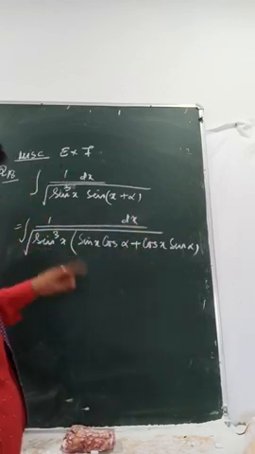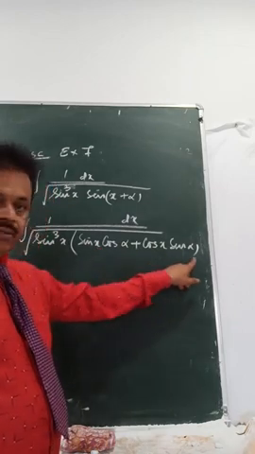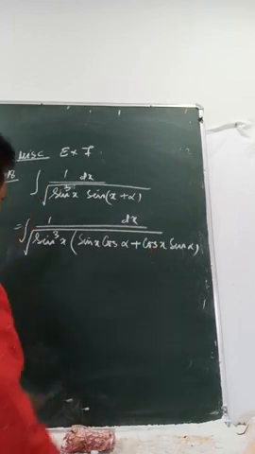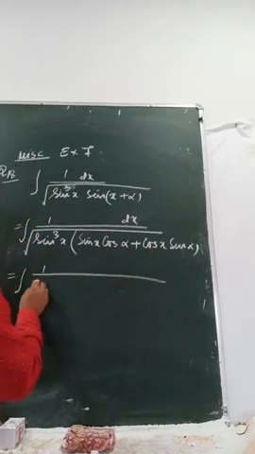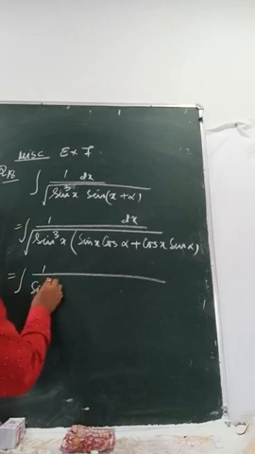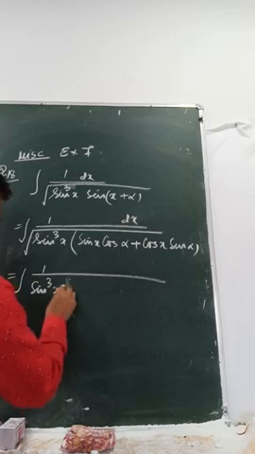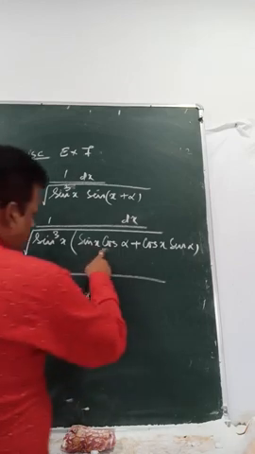Okay. Now let's take sin x common from here. Sin x is here, but when it is not here, you have to divide. So you are getting sin cube x. If you take sin x common, this will be cos alpha.